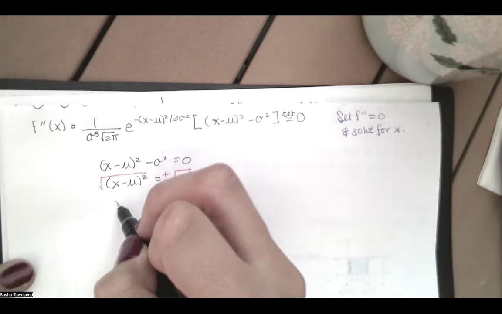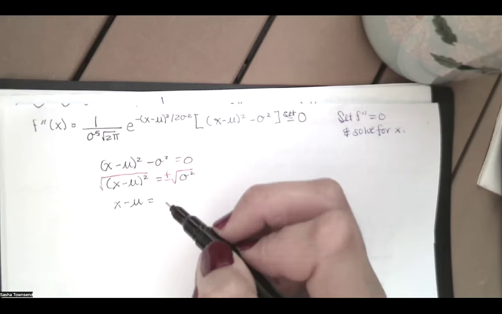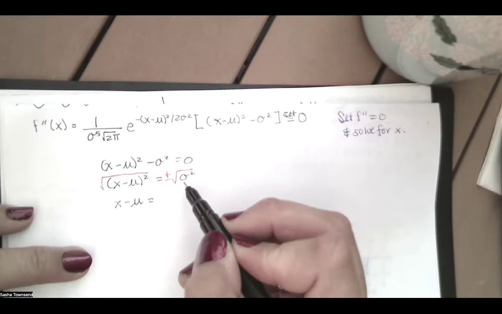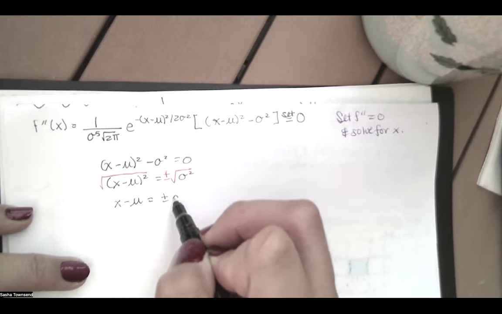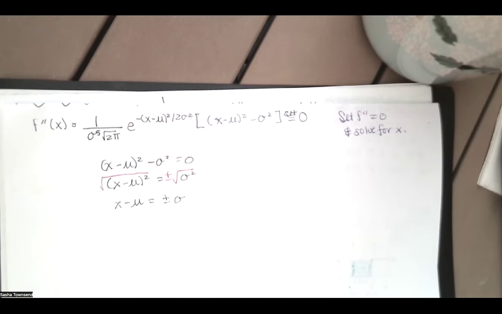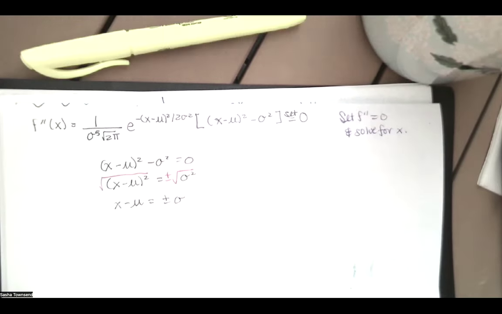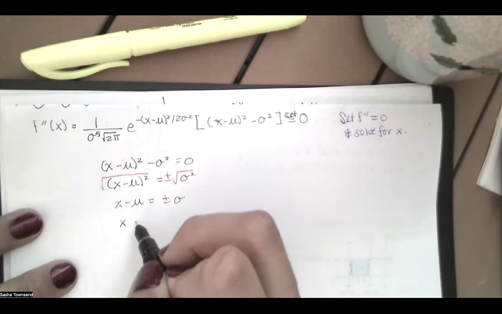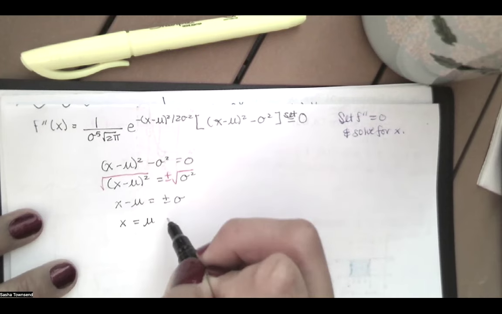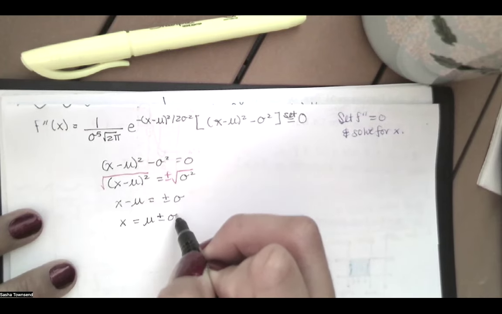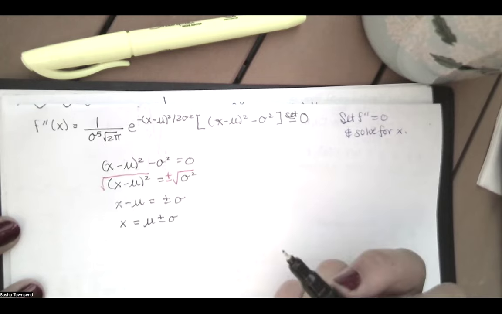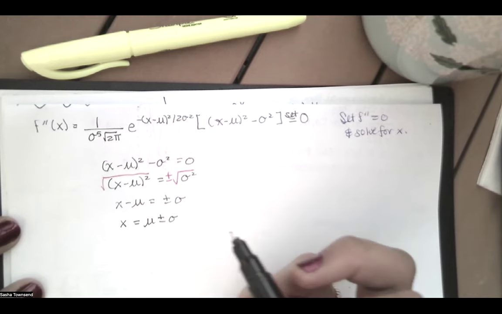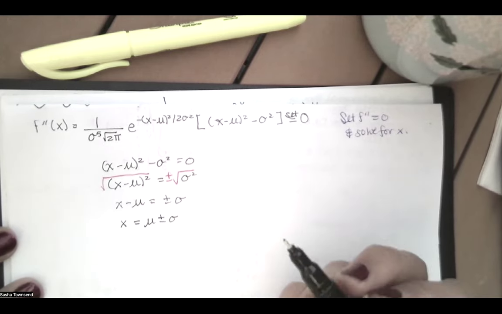So we have x minus mu, or the mean, is plus or minus the square root of sigma squared, which is sigma, because sigma is non-negative and positive if the data set has any variation. And then if we add mu to both sides, we get x equals mu plus or minus sigma. So there are actually two values there. It's the mean minus the standard deviation and the mean plus the standard deviation.